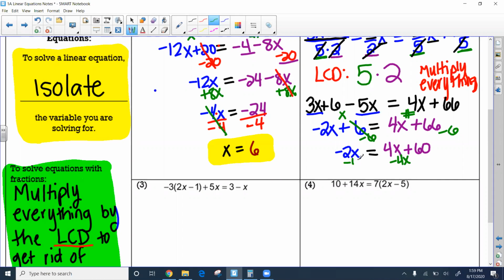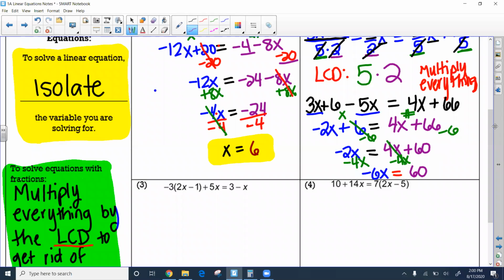So to get rid of 4x, I'm going to subtract 4x from both sides. Now on the left side, negative 2x minus 4x is negative 6x. We have negative 6x equals, on the right side, the negative 4x and the 4x add up to 0, so we're just left with 60.